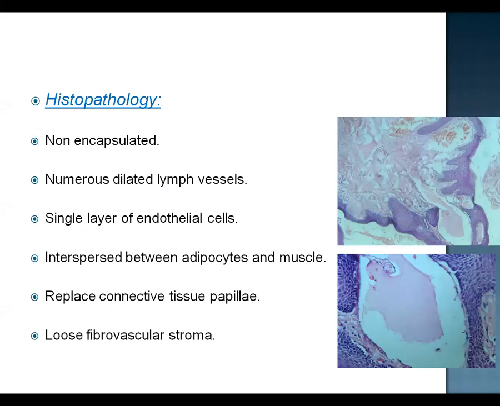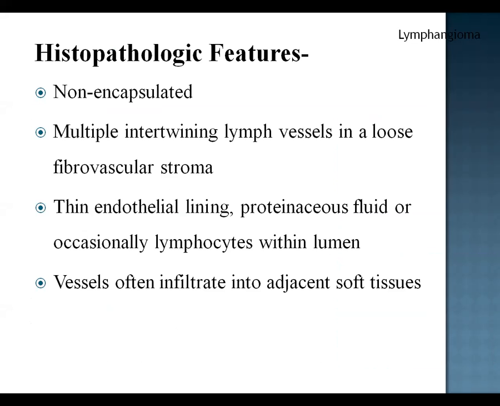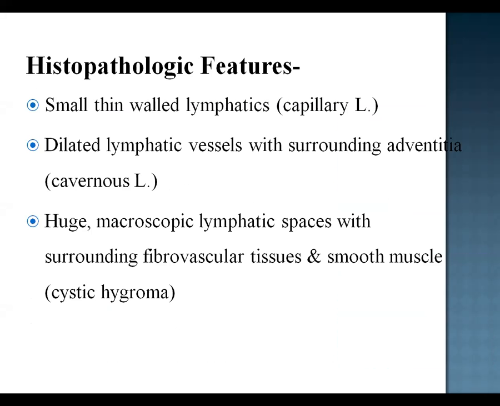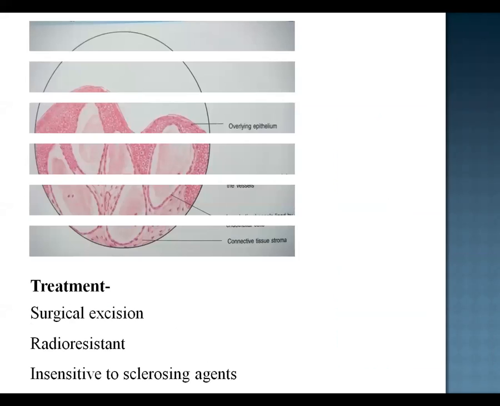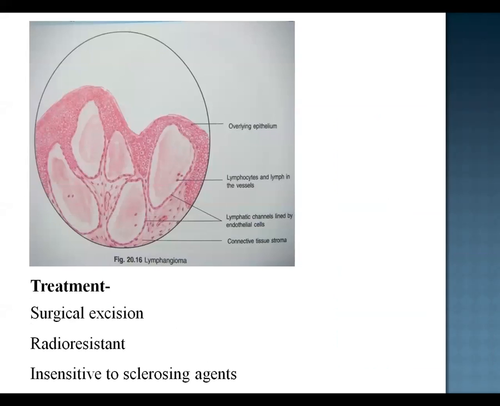Histopathologically, non-encapsulated, with numerous dilated lymph vessels, a single layer of endothelial cells intercrossed between adipocytes and muscles, replacing the connective tissue papillae, with loose fibrovascular stroma. Histopathological picture of lymphangiomas, schematic presentation.